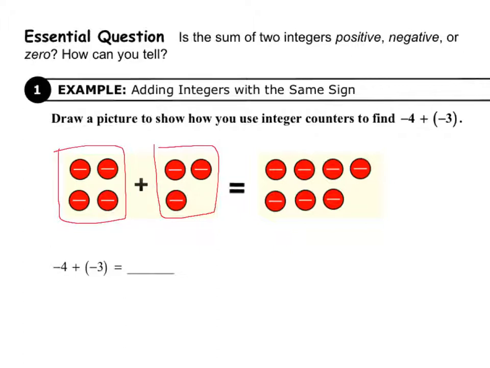Then count up how many circles you have with negative signs in them, and you'll find that you have 7 circles with negative signs in them. That means that your sum of -4 plus -3 is -7.